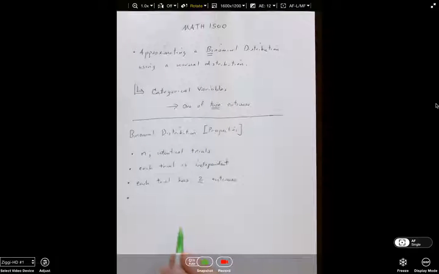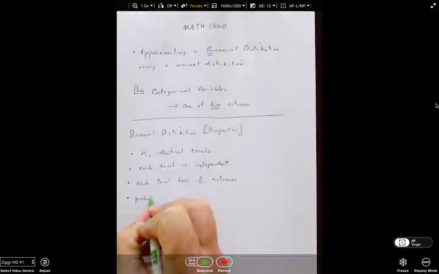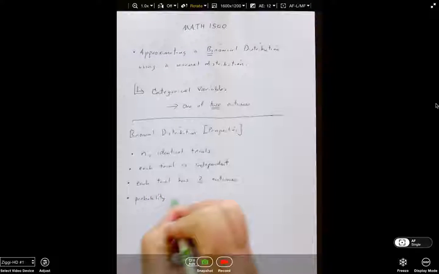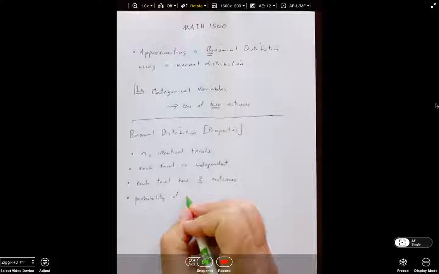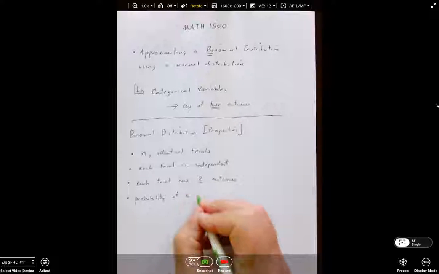Anyway, it could be the ball lands on red or it doesn't. What else do we have? Let's just call it the probability of a success.